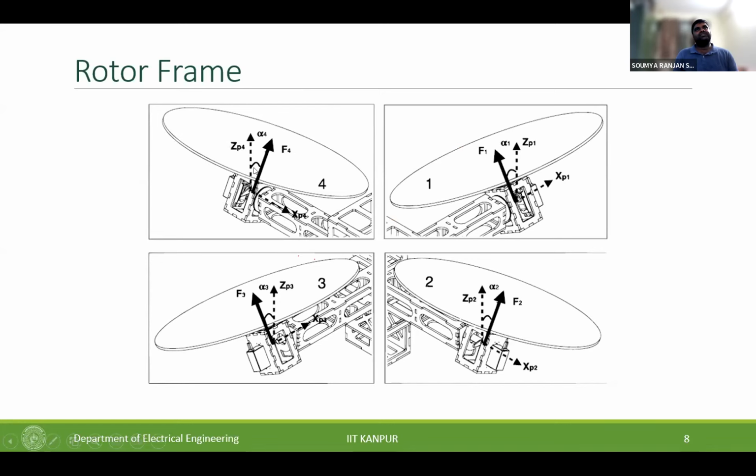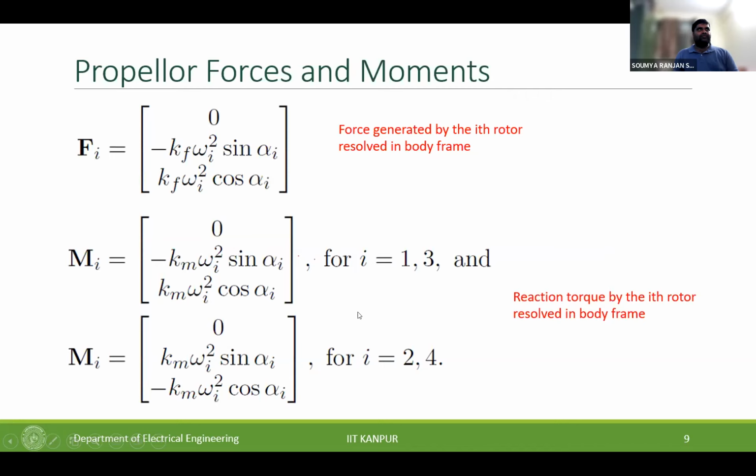So the thrust need not be along the perpendicular z-axis of this particular quad. This holds for all the rotors. Now the forces generated by these individual rotors, if resolved in the quad rotor's frame of reference, will start having components.